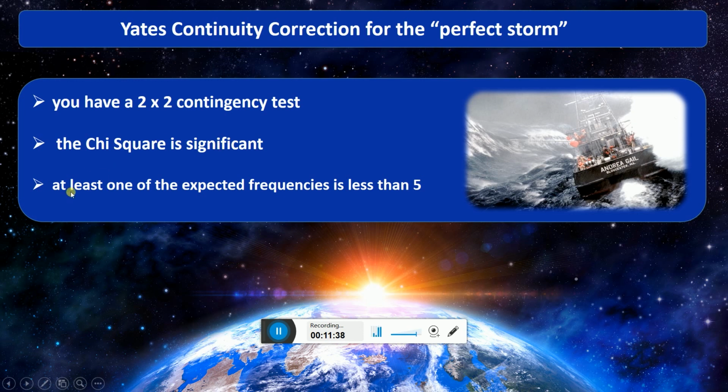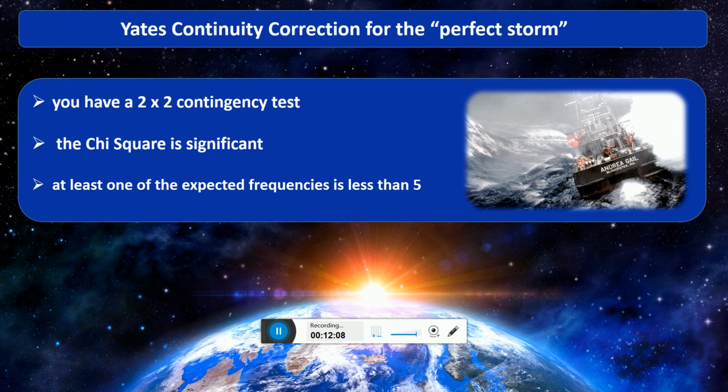And the third thing is at least one of the expected frequencies is less than 5. In order for you to have the perfect storm, all 3 of these things must be true. You must have a 2x2, the chi-square must be significant, and you must have at least one expected frequency less than 5. If all 3 things are true, then you have the perfect storm.